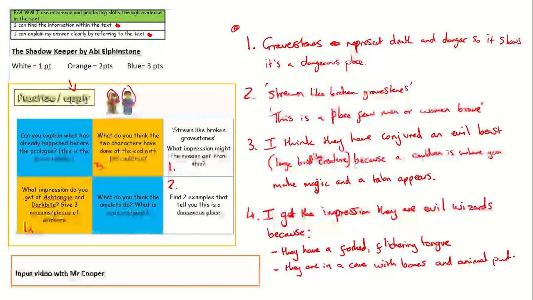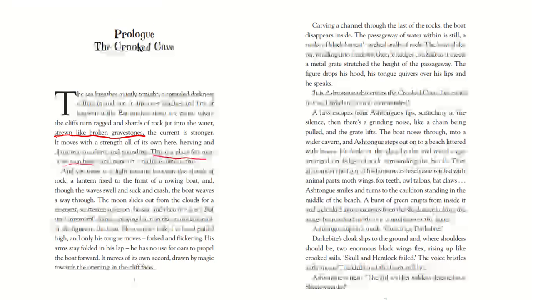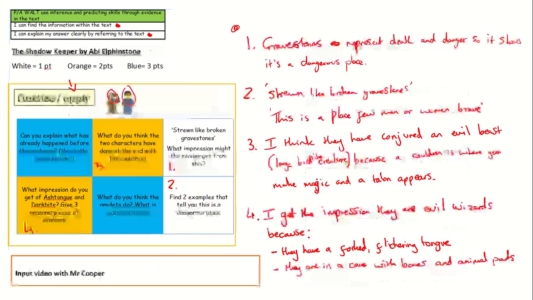I mean, that's pretty dodgy, isn't it? I need one more that gives me the impression that they are dark characters. Oh, their names. I mean, Darkbite, Ashtongue. They sound quite evil, don't they?